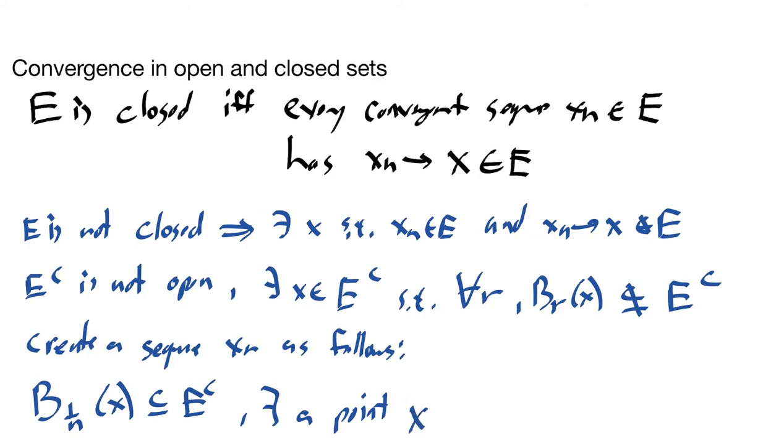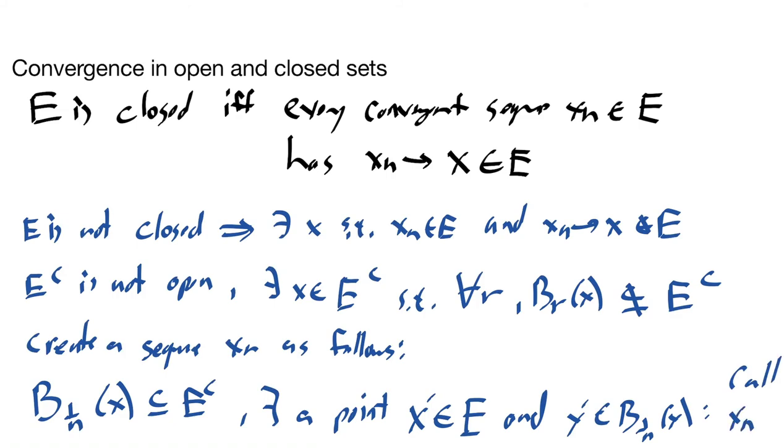We'll call it x prime, in E, and x prime is in that ball of radius 1 over n about x, and then I will just call x_n that x prime. There could be many of them, you just have to pick one of them.